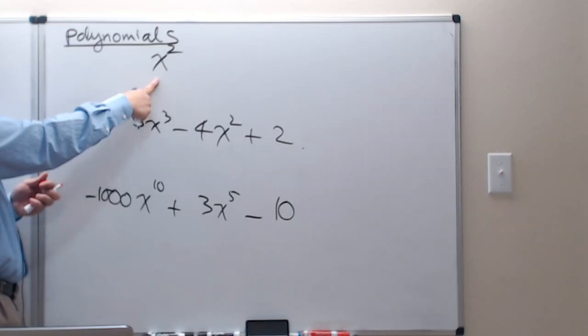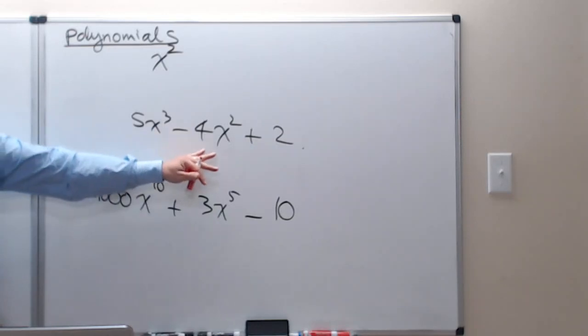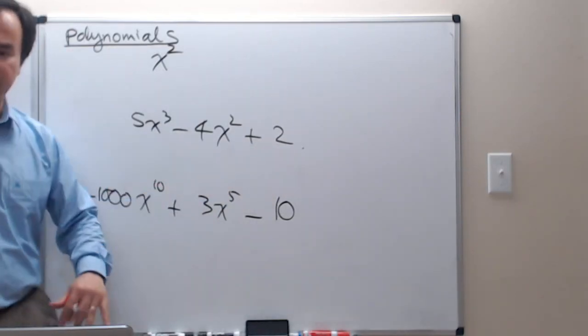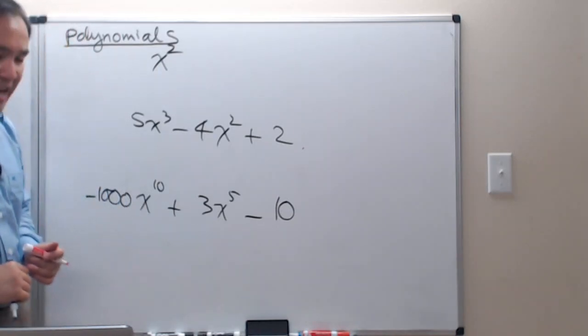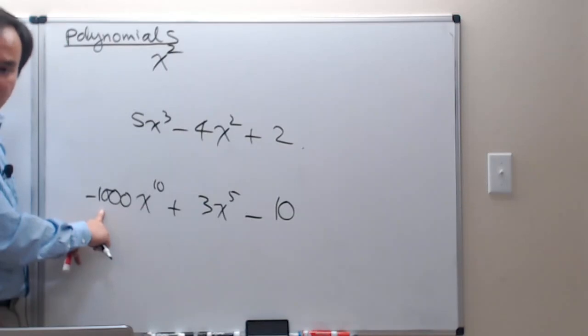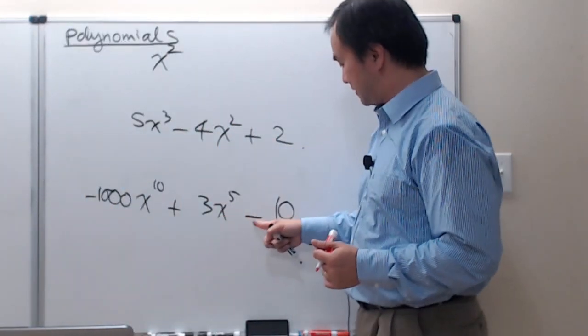So x squared is one member among the large family of polynomials. 5x cubed minus 4x squared plus 2 is also a polynomial, and so is negative 1,000x to the 10th plus 3x to the fifth minus 10.